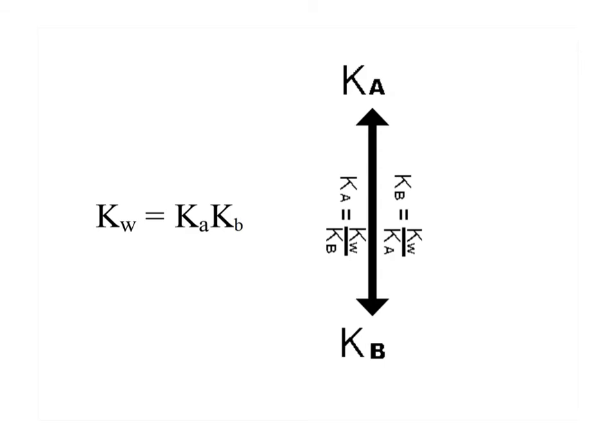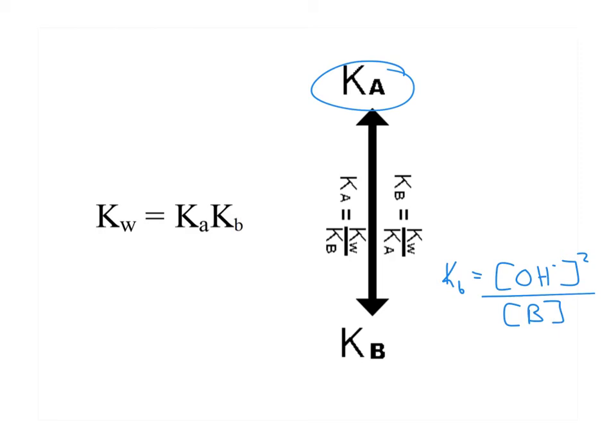Now our data booklet gives us Kas, but when we look at the shortcut for bases, which is the hydroxide ion squared over my original base concentration, I am dealing with Kb. Now that is different than Ka.